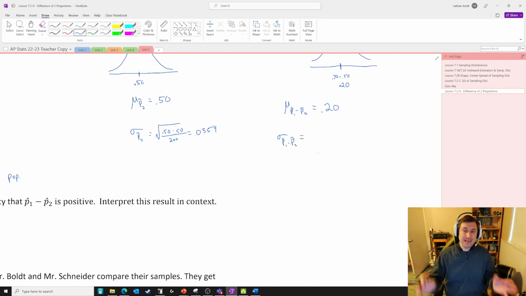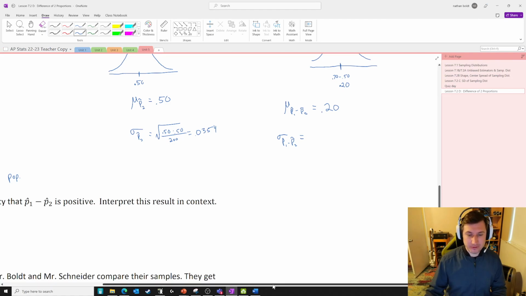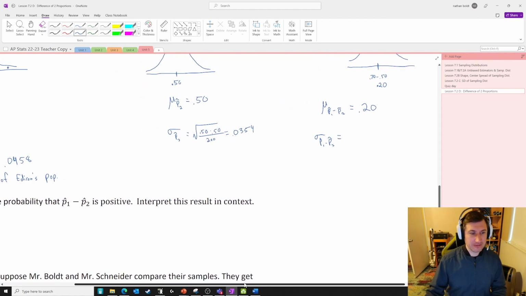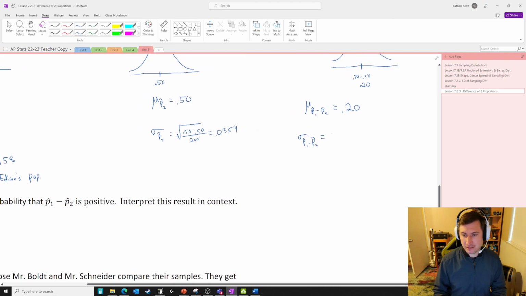Now we can't simply add or subtract the standard deviations. We always add the variances. So I'm going to take my first number, 0.0458.